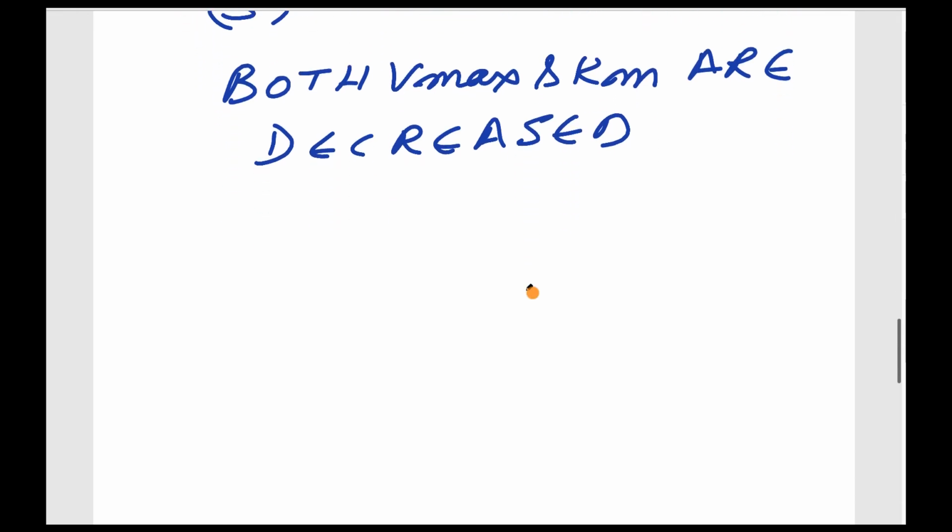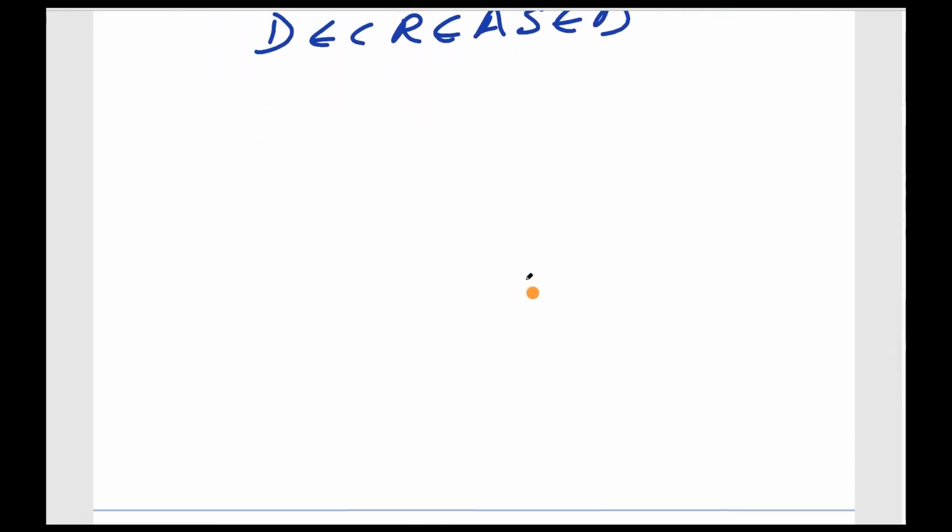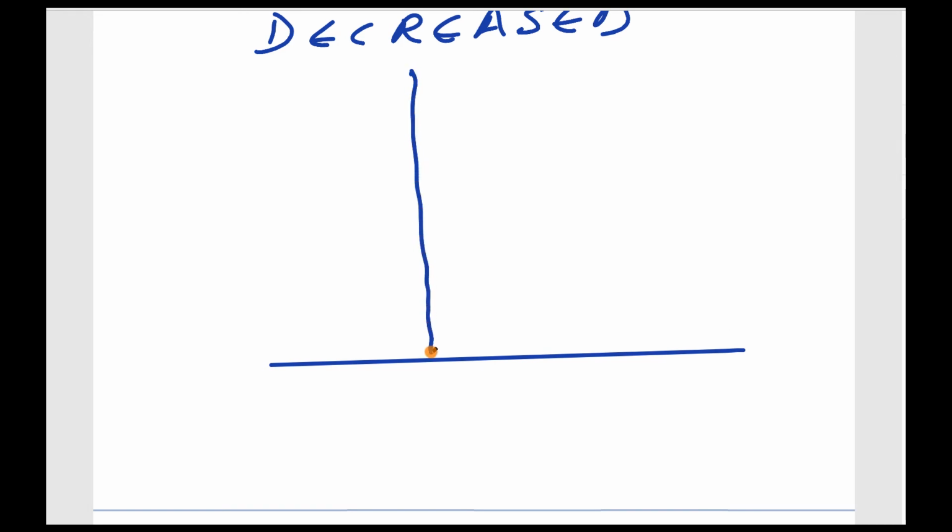Let us see through the Lineweaver-Burk plot. I will draw the Lineweaver-Burk plot. This one is with no inhibitor, and this one is in the presence of inhibitor.